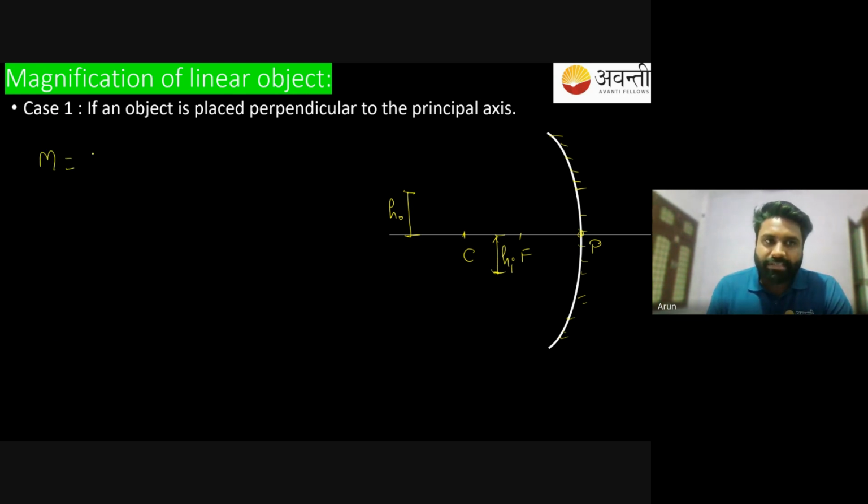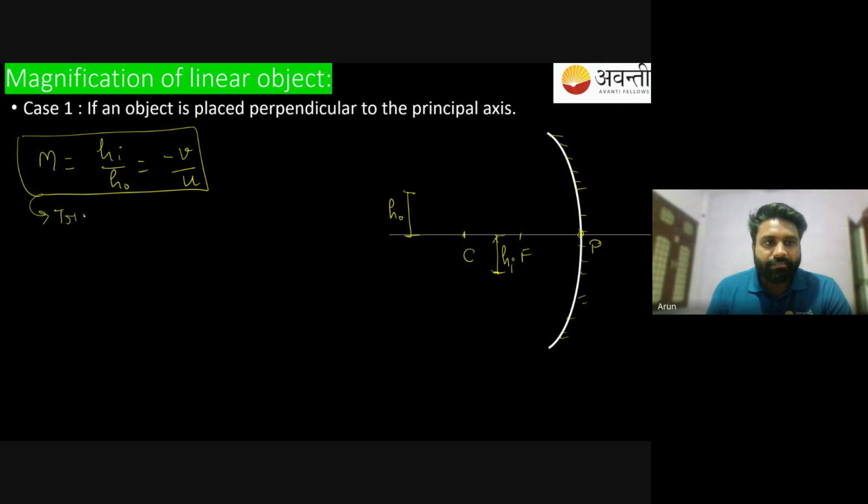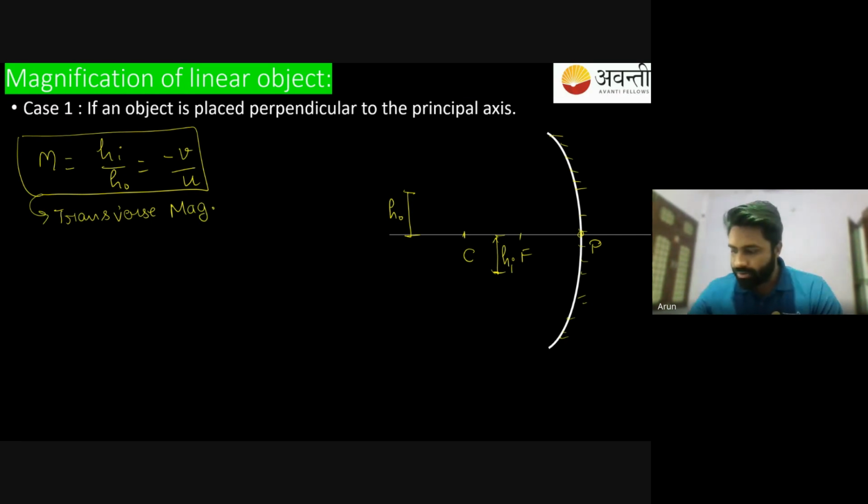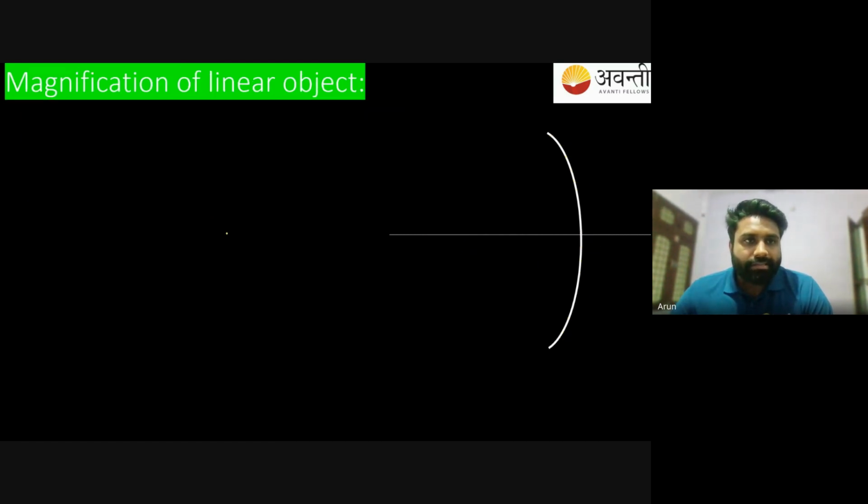So M is the ratio of height of image to the height of object, which is also equal to minus V by U. So this is the formula that we have, and this is the transverse magnification. I'm writing it in the shorter form. Okay, this is all. If you have any doubt, you can ask.